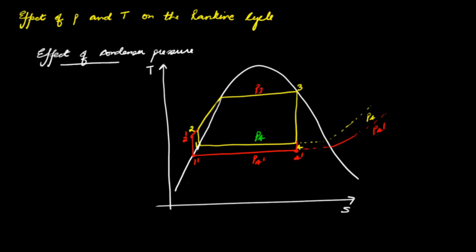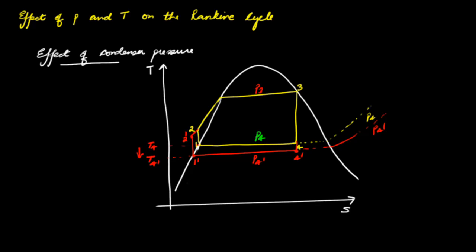So what we see is that as we reduce the pressure, clearly the temperature at which heat is being rejected goes down. So if the temperature at which heat is rejected decreases, then the efficiency of the cycle will also increase.